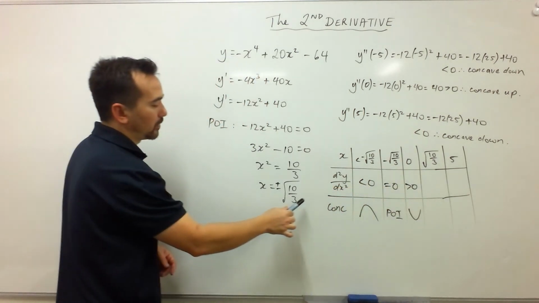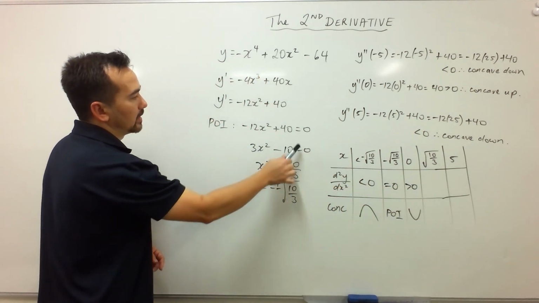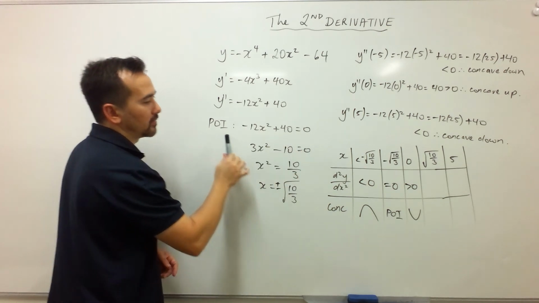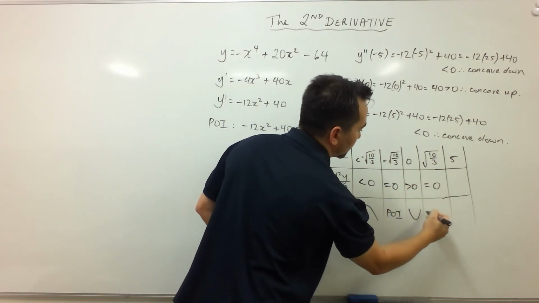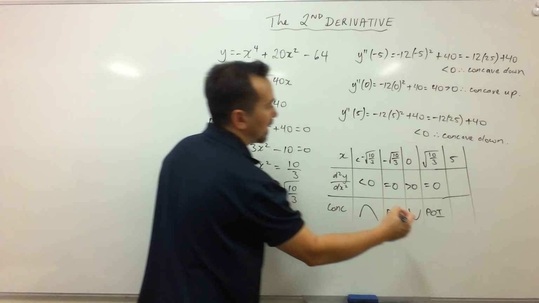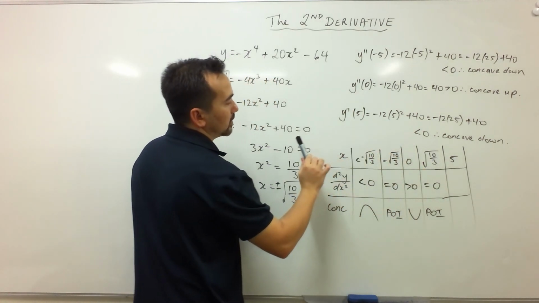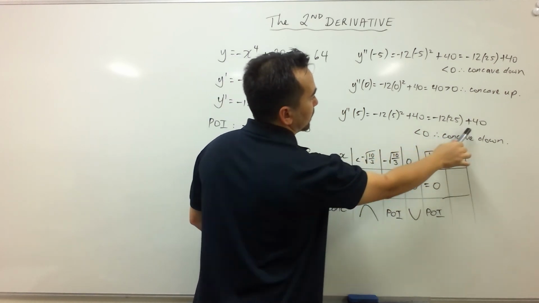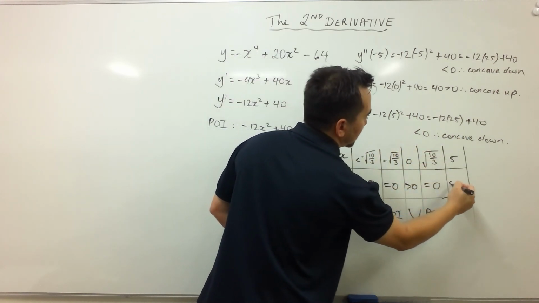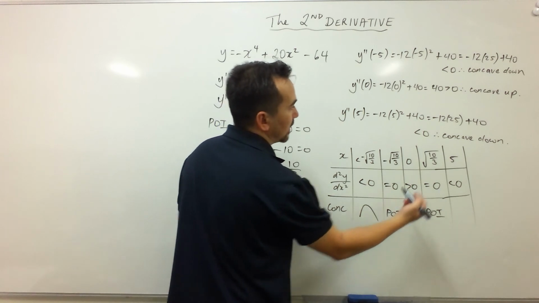At root 10 on 3, we had the second derivative equal to 0 and a point of inflection. And when x was 5, we found that the second derivative was less than 0 and we had concave down again.